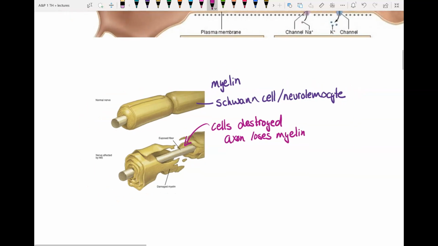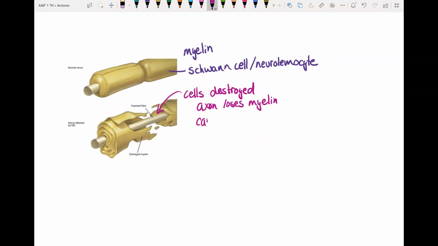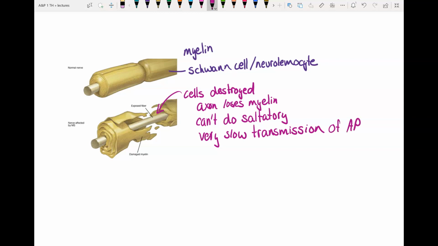So it can no longer do saltatory conduction. And so transmitting action potentials becomes very slow. And this disease is multiple sclerosis. Or called MS for short.